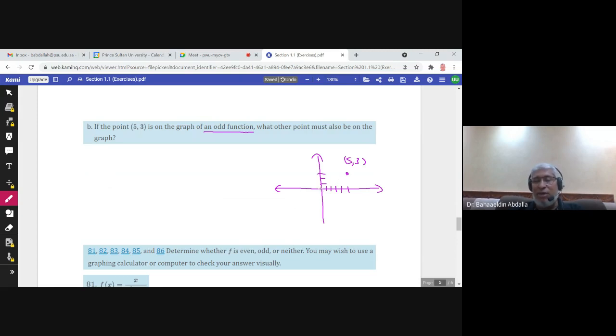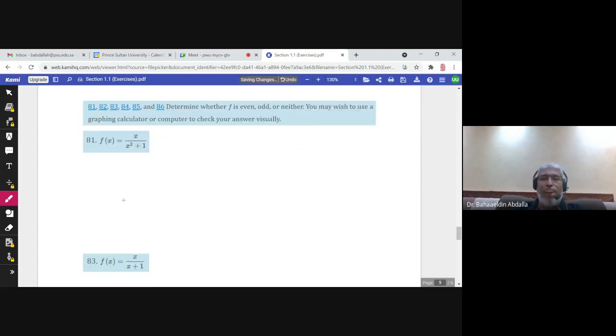If you draw a line, continue with the same distance, you should reach here negative 5 and negative 3. So this point has coordinates negative 5 and negative 3. So the point would be negative 5 and negative 3.